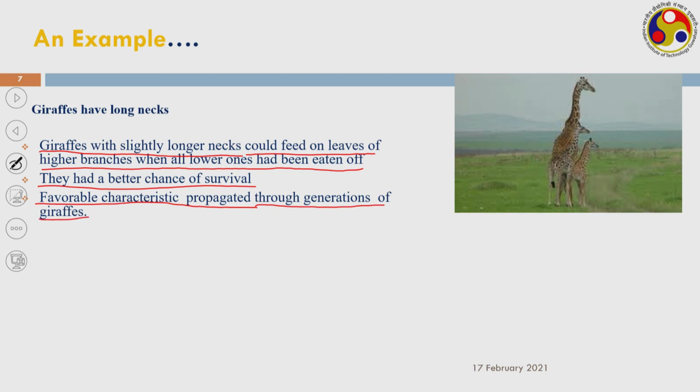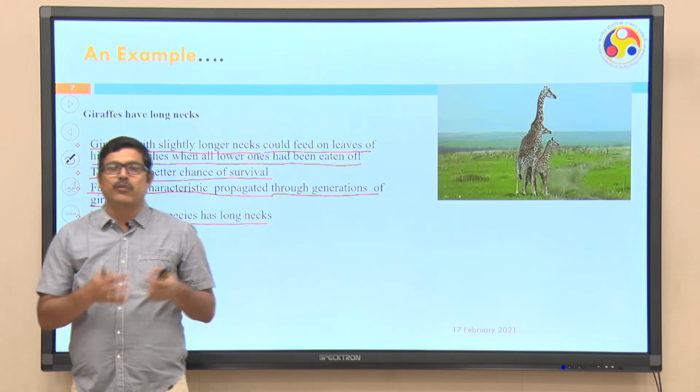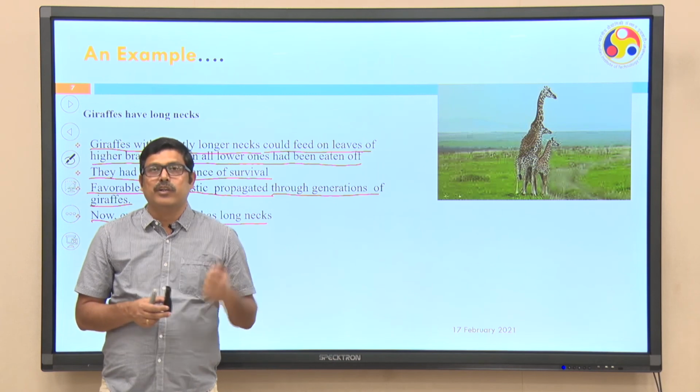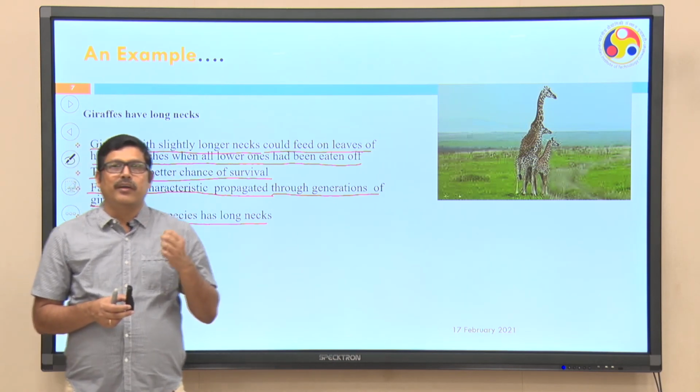Okay. So, that has been propagated, and now they evolve into a new species which has longer necks. So, whatever giraffes with shorter necks could not survive because that was not a favorable characteristic.